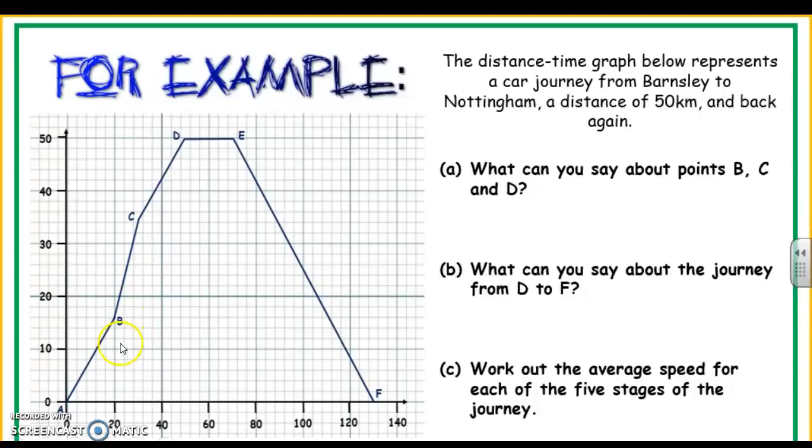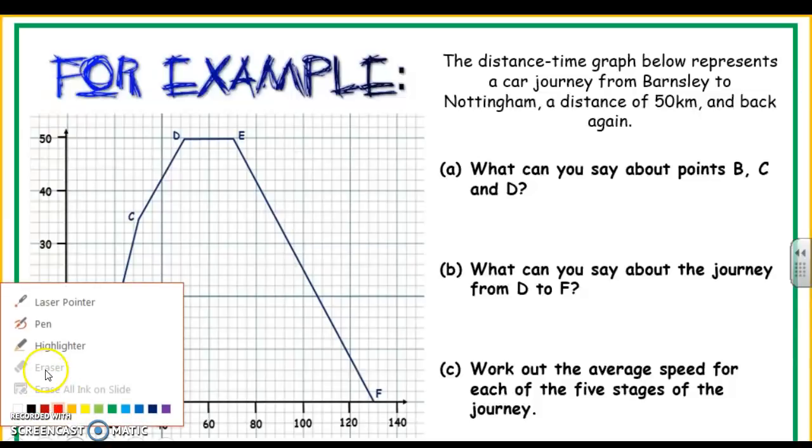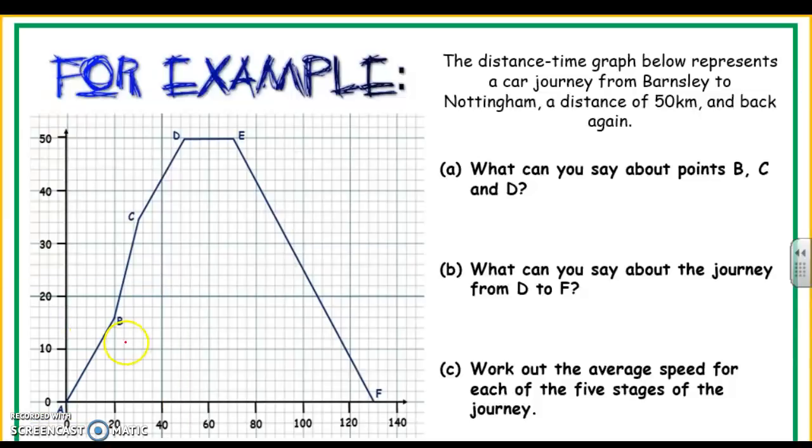Okay, then if we look here, our gradient's going to be a lot steeper. Okay, so again, it would be really helpful if I could just write in my points here. So this one we've got 20, and then our y value we said was 2, 4, 6, so 16.